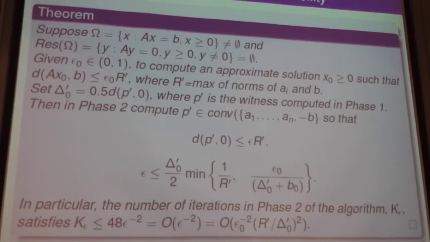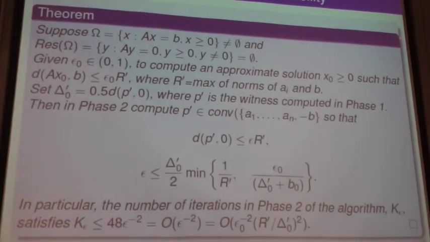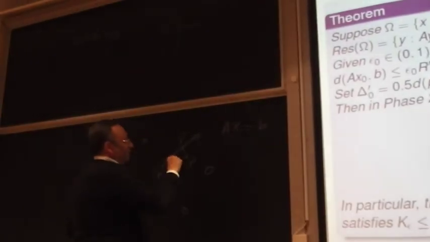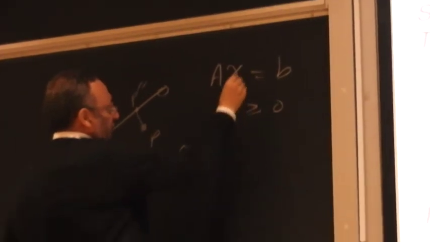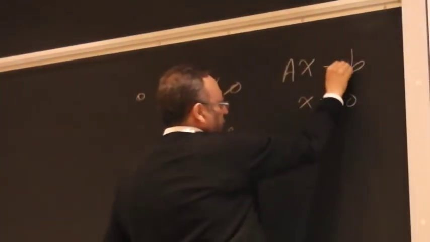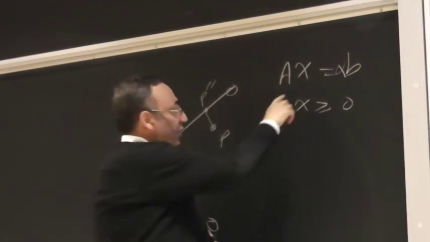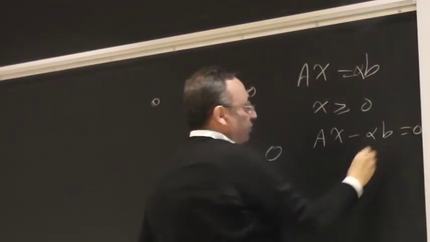But here the point is that this theorem says to what accuracy you should solve when we have the situation Ax equals B. I want to solve Ax equals B, x bigger than or equal to 0. And all I do is I introduce an alpha here as a variable and try to see if Ax minus alpha B is equal to 0.